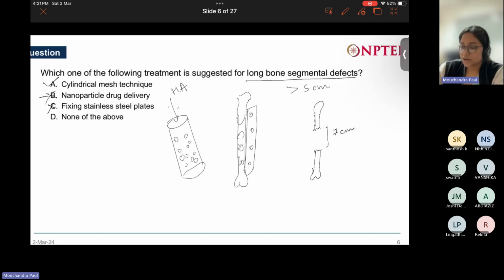Now, the surgeon can take this particular block and fit it. Now, do you understand how a stainless steel plate and a cylindrical mesh are different, and why a cylindrical mesh can be used here or is more appropriate here?